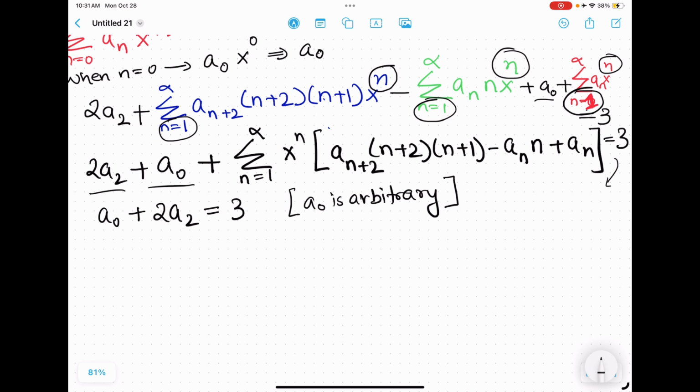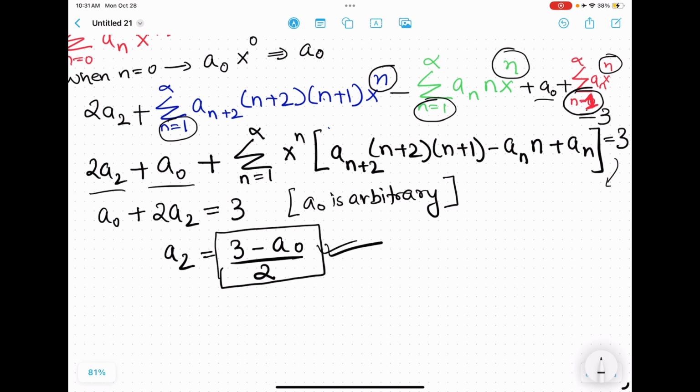Even though my a sub 1 is not given over here, I know at the back of my head that this is also going to be an arbitrary number. Okay, so I can now find my a sub 2. So I have my a sub 2 over here, isolating them, divide by 2. Okay, so this is my a sub 2 over here.